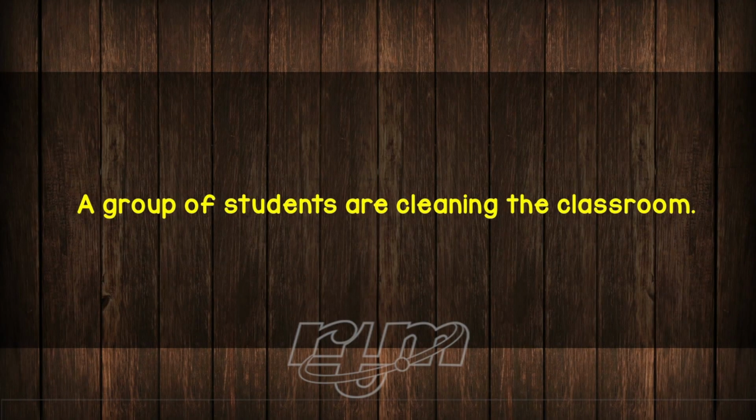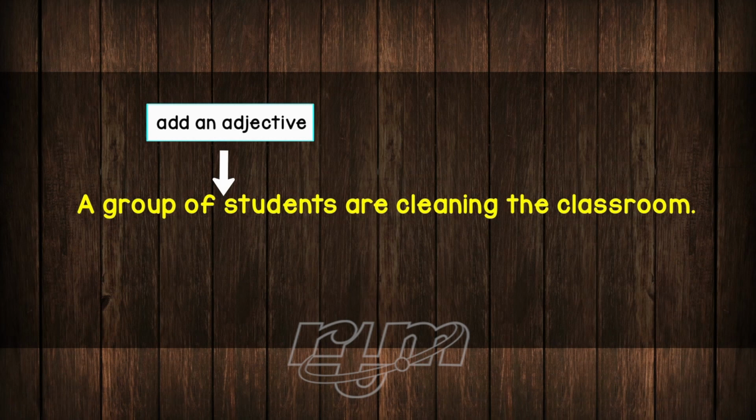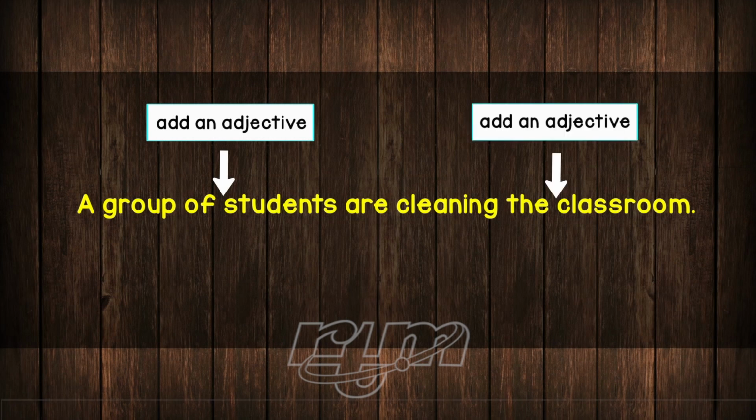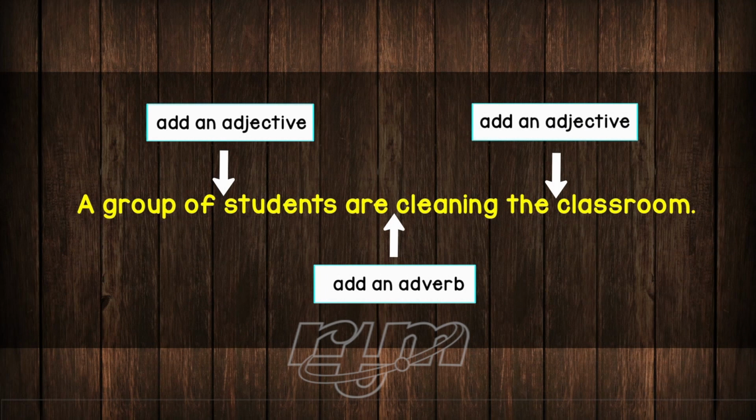Let's look at sentence number 1. A group of students are cleaning the classroom. We should add an adjective before students and classroom, and an adverb before cleaning. Look at your circle map and choose suitable words to add to the sentence.